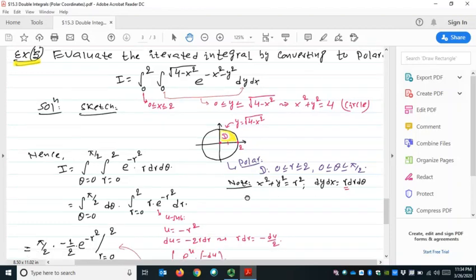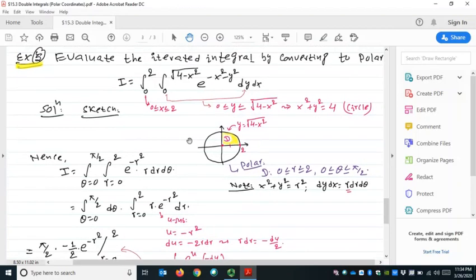Great. So in polar coordinates, the given xy integral becomes a double integral over theta equals 0 to pi over 2, and r equals 0 to 2, of e to the power negative r square, and dy dx is r dr d theta, coming from here.